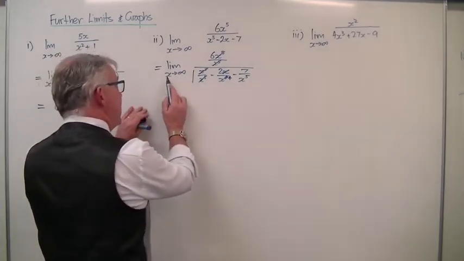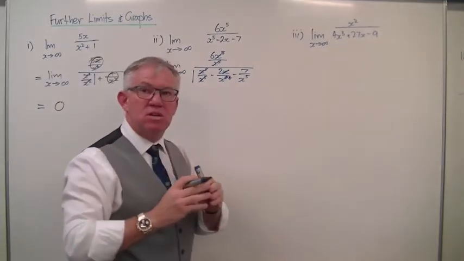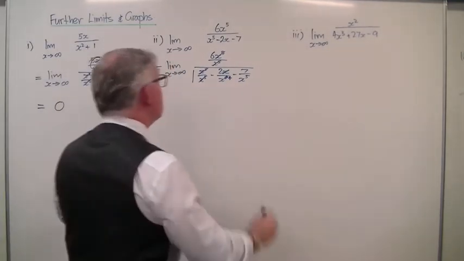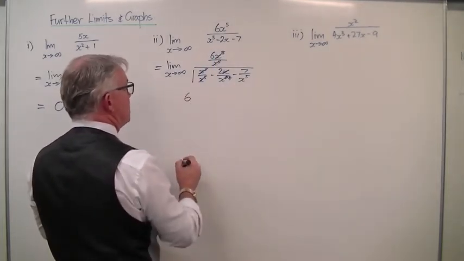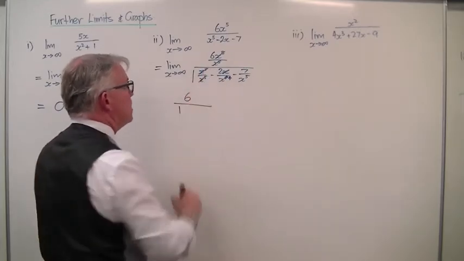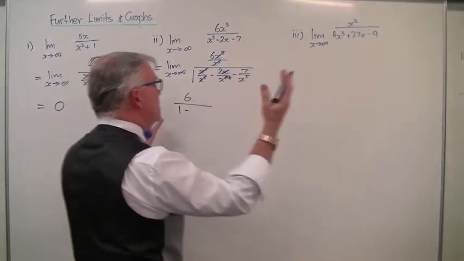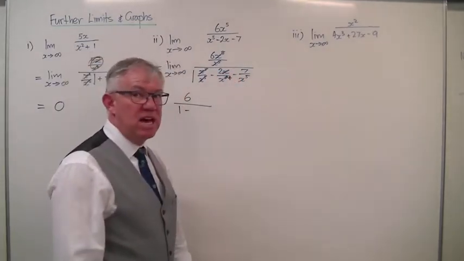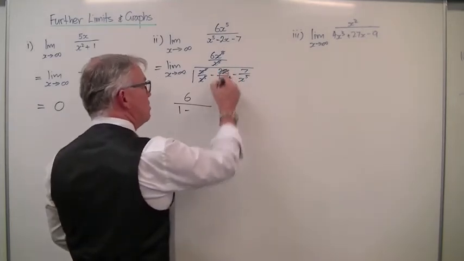Now, as x approaches infinity, as x becomes ever bigger, the 6 just remains as a 6. In the denominator, the 1 just remains as a 1, minus 2 over something that is infinitely large to the power of 4, so this becomes a 0.